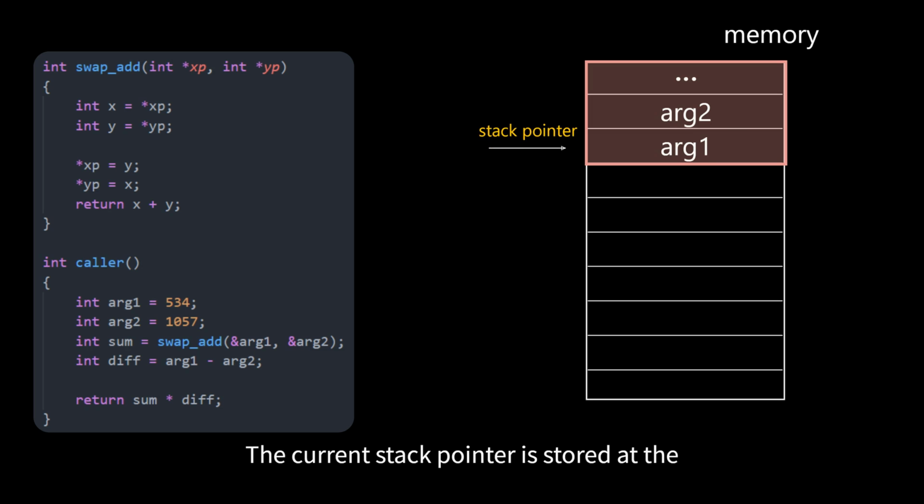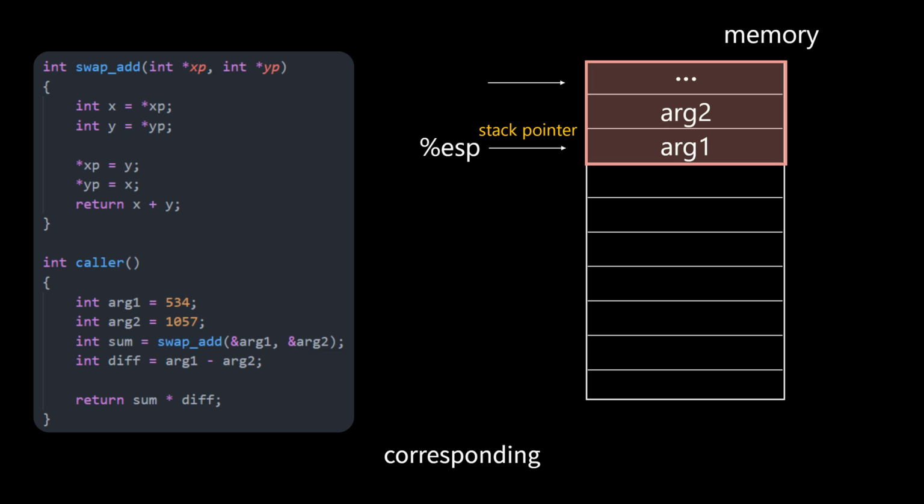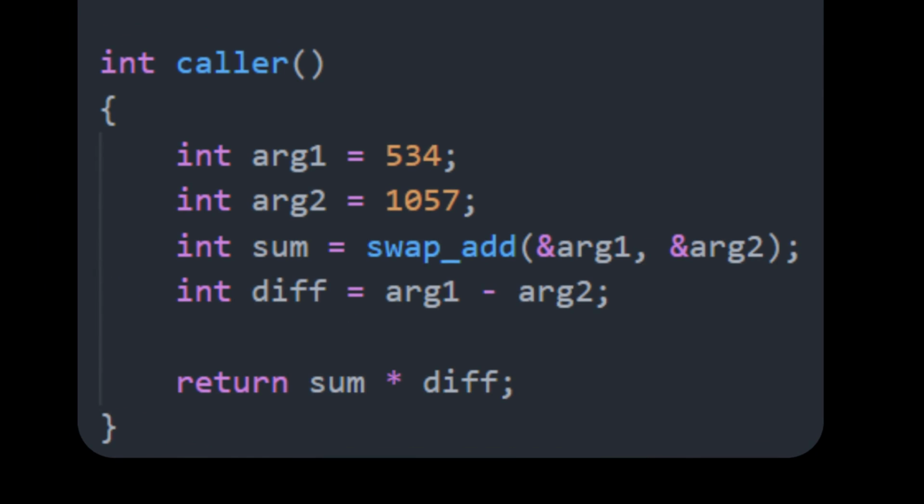The current stack pointer is stored at the top of the stack by the register ESP. The start address of the stack frame corresponding to the main function is stored by the frame pointer, which is the register EBP. Before calling swap_add, take the addresses of the variables arg1 and arg2 as the calling parameters.